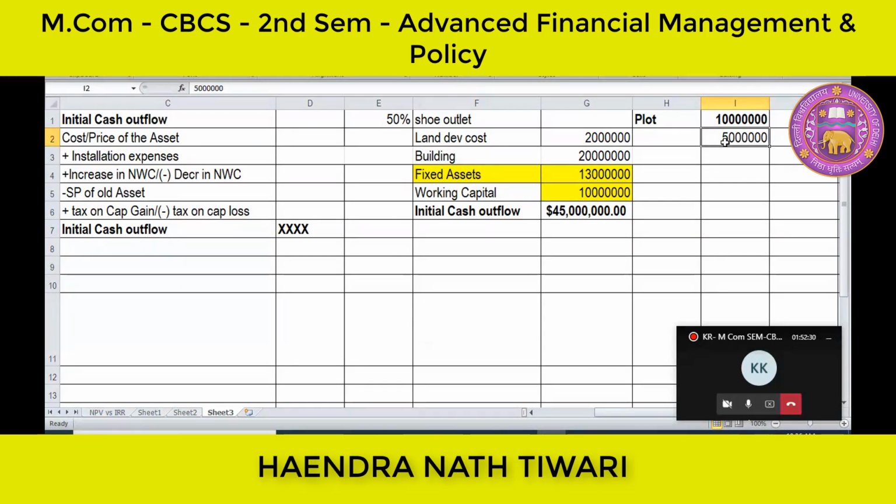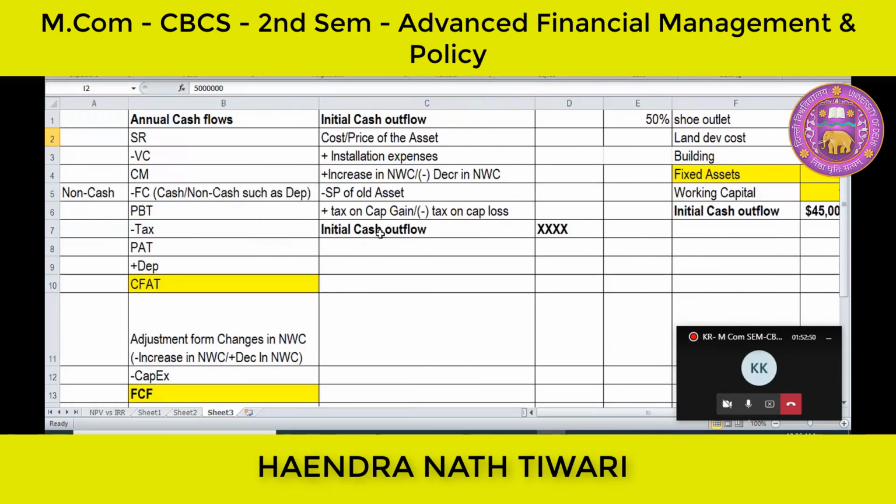I'm not saying it is not cost. It is not useless, but it's not incremental cash flow. By taking this decision to open the shoe outlet or not taking the decision to open the shoe outlet, this amount will not have an importance or bearing on taking this decision. I hope you got it.